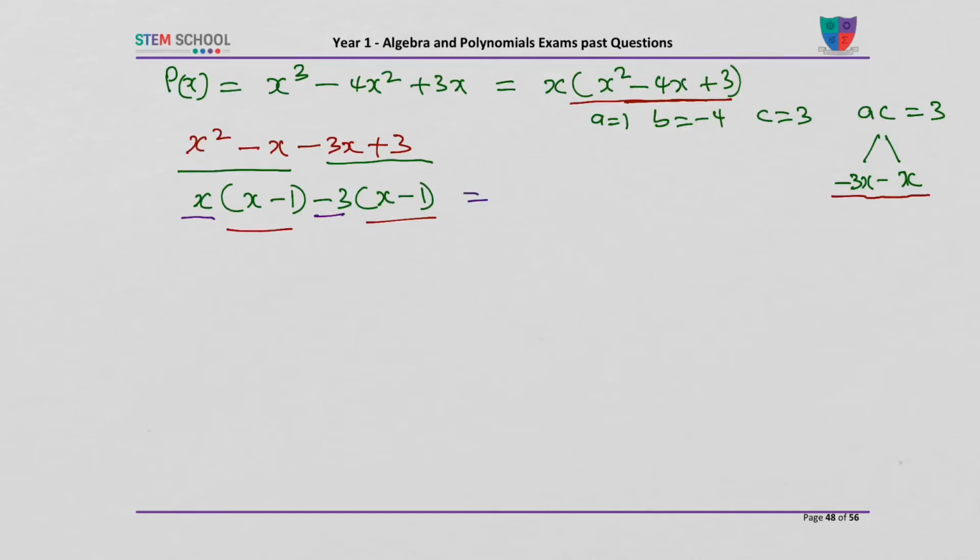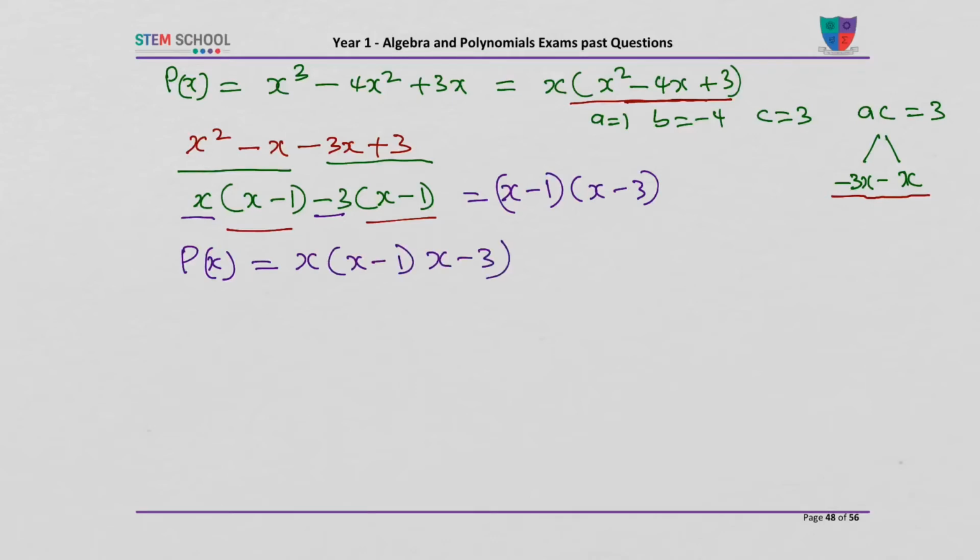So my factors are x minus 1 and x minus 3. We already knew that x minus 3 is a factor, so the factor we're looking for is x minus 1. Therefore, the 3 linear factors of p of x are x, x minus 1, and x minus 3.